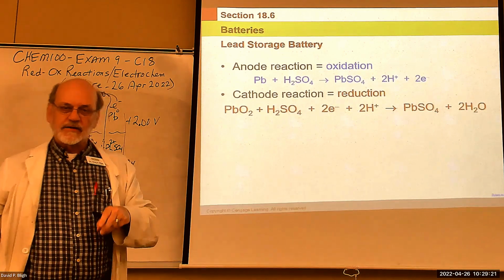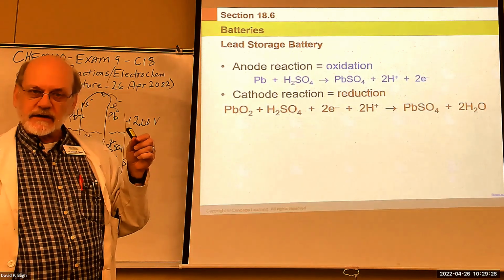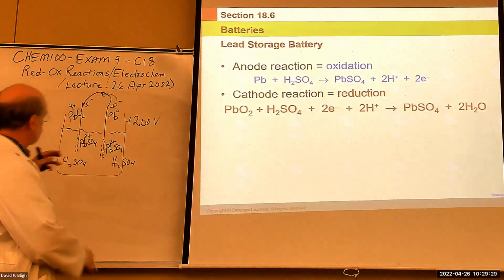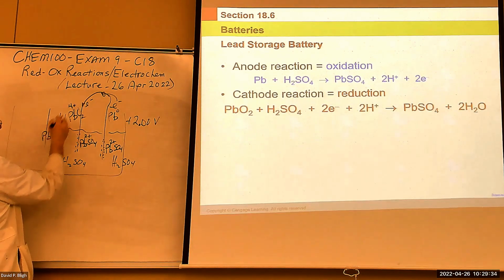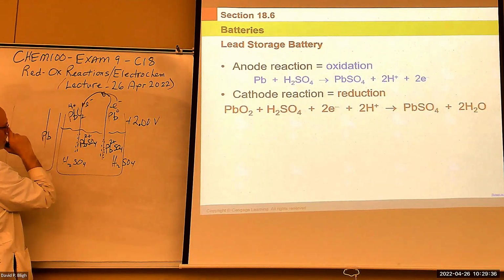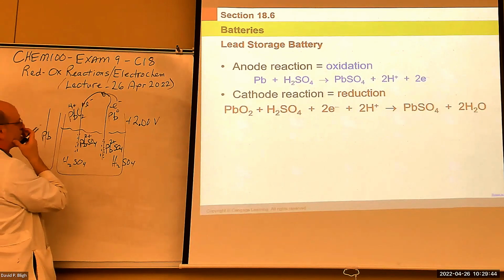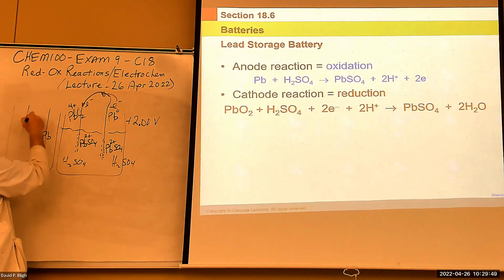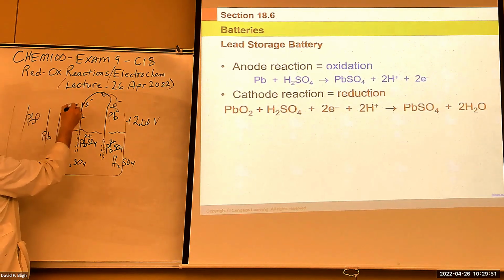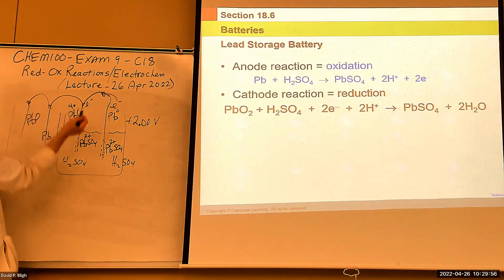One of the laws of electricity is if you chain these together, if I take another cell over here, with another lead oxide here, we chain these over like that and just keep going.